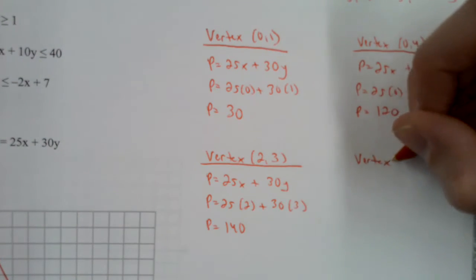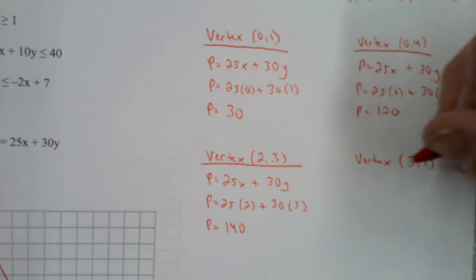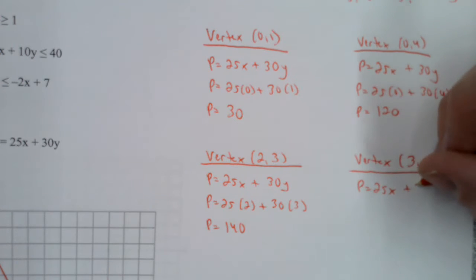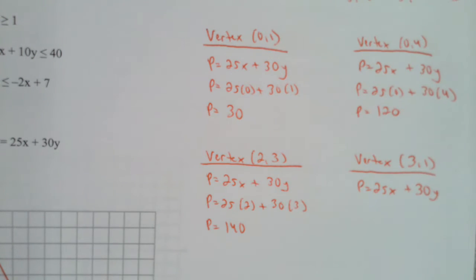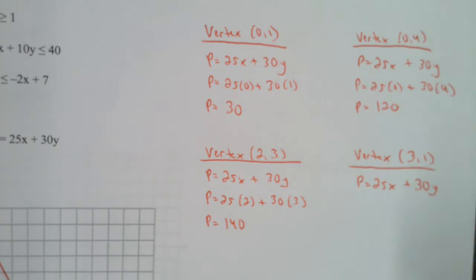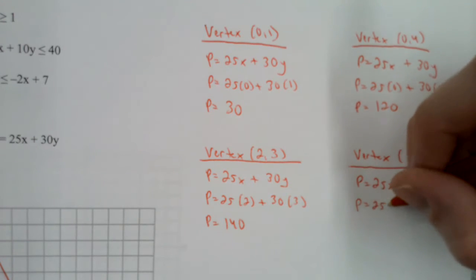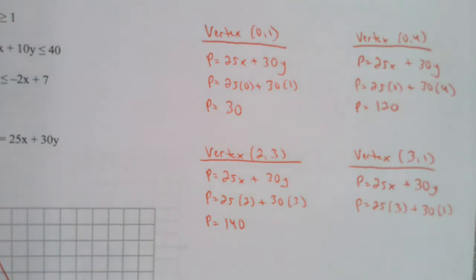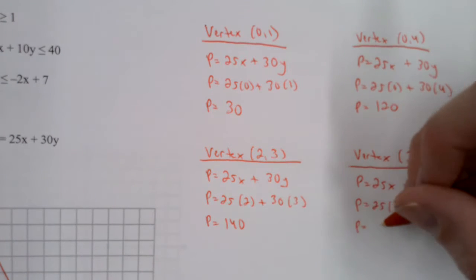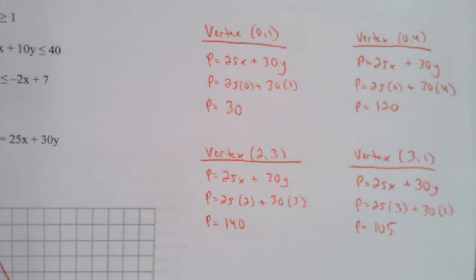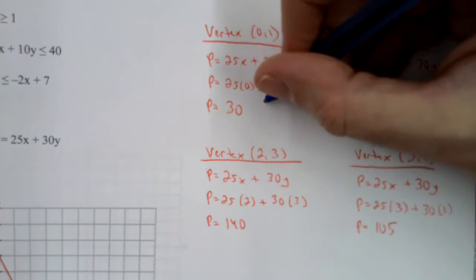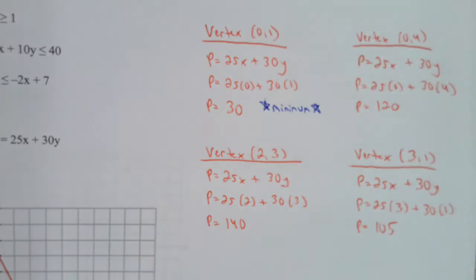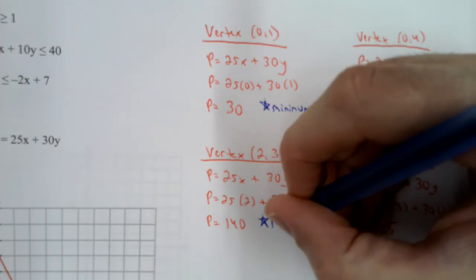And our last vertex is vertex 3, 1. P equals 25x plus 30y. So 25 times 3 plus 30 times 1. So 75 plus 30 is 105. So we got 30 is our minimum. That's our smallest number. And 140 was our maximum, our biggest number.